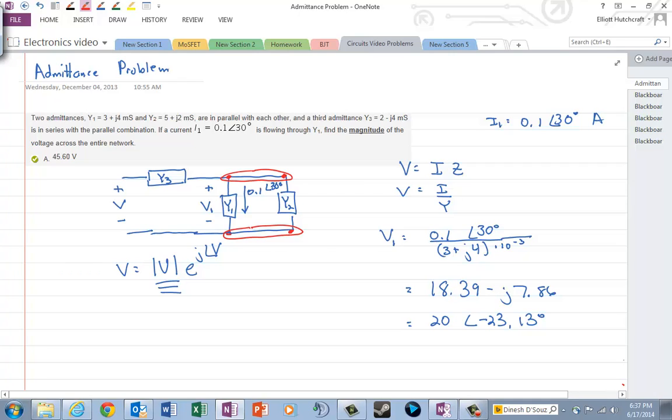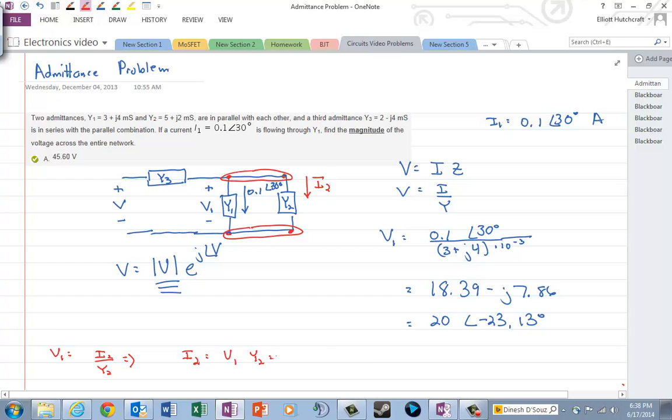Okay, well, that's helpful to me, but what I really need is this current through Y2. So I'll call this current I2, and so I know that I have V1, and it's also equal to I2 over Y2. And so if I have that, then this is going to give me I2, which is V1 times Y2.